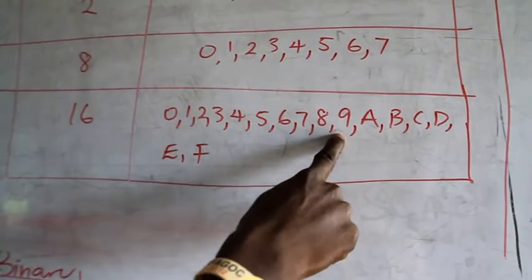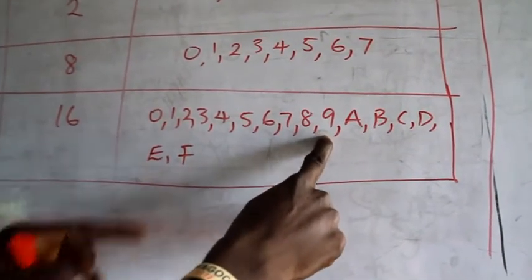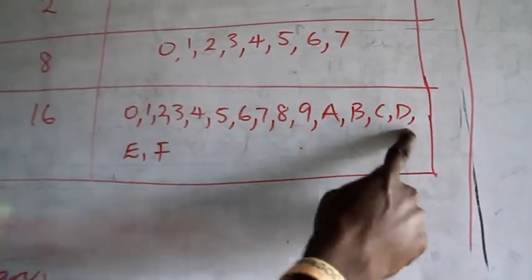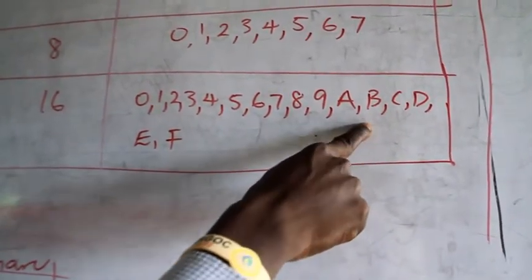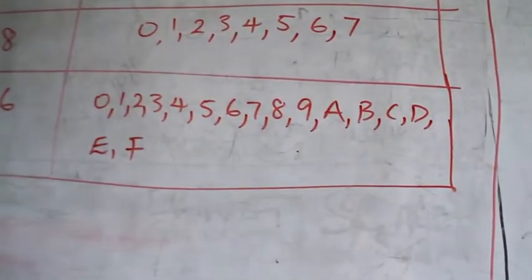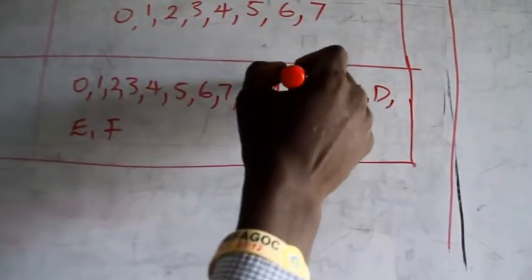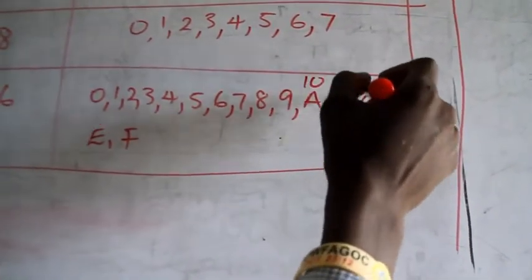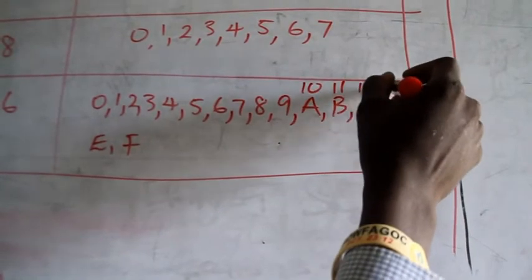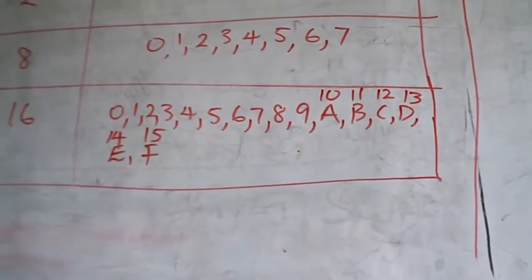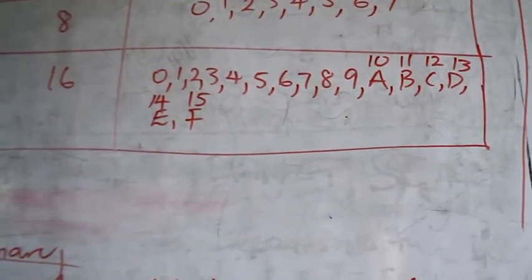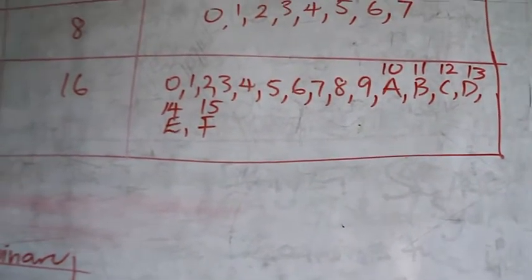When it gets to 9, it continues with letters A to F, which are A, B, C, D, E, F. Each of these letters stands for some digit. For example, A stands for 10, then B is 11, C is 12, D is 13, E is 14, and F is 15. That's how the hexadecimal works, that's hexadecimal in base 16.